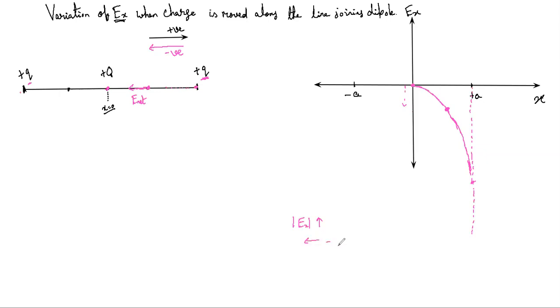Sir, can you show the whole thing in numerical form? न्यूमेरिकल फॉर्म चाहिए। थोड़ा क्लियर हो जाता है। See, net electric field will be how much? This is distance x मान लो, so this will be 2a minus x.